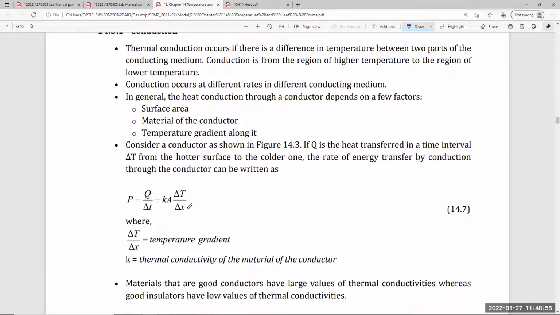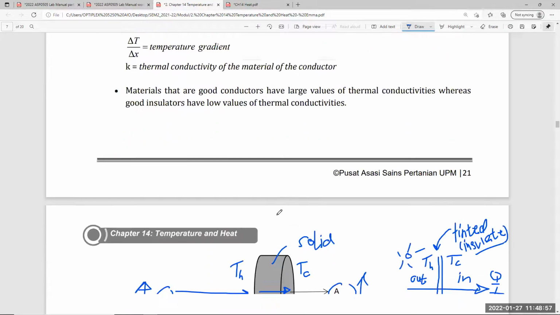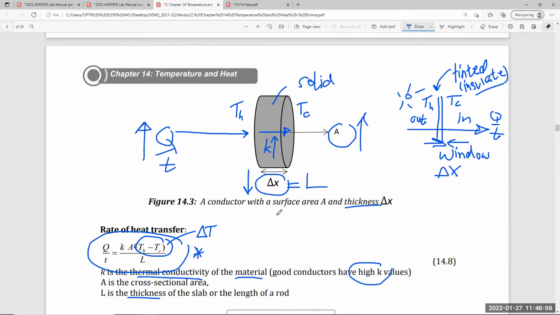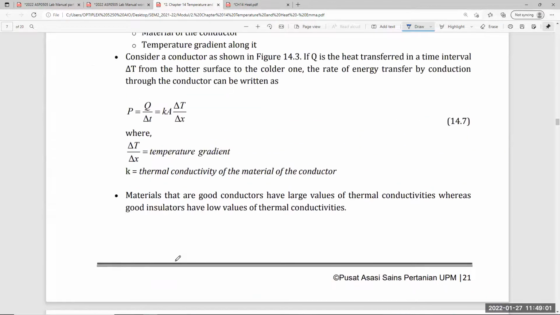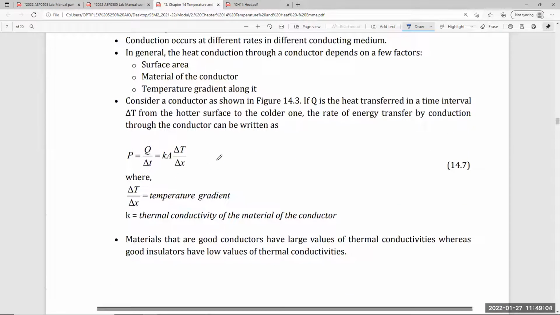You see, there's a formula given there. On another formula, it's the same formula. One is Q over T. Maybe you will find another one in your notes. Both are similar, so don't worry about that.